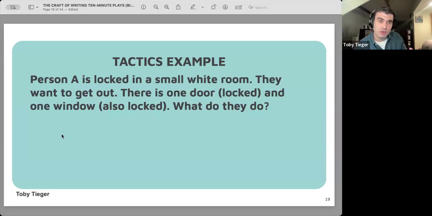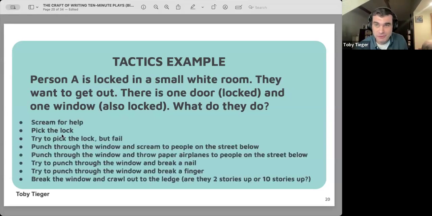And there's one locked door and one locked window. What do they do? I'm sure you can come up with a bunch of different things that they might do. I've come up with a bunch of different things that they might do. Scream for help, pick the lock, try to pick the lock but not be able to, punch through the window, scream to the people in the street below, break the window, crawl out onto the ledge. They are 2 stories up, they're 10 stories up, whatever they are.